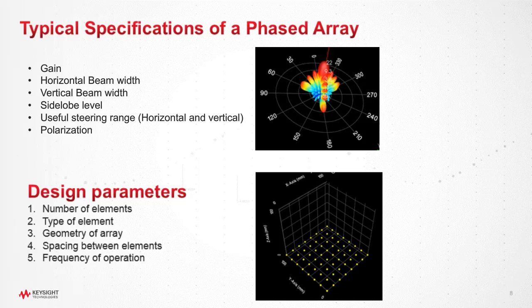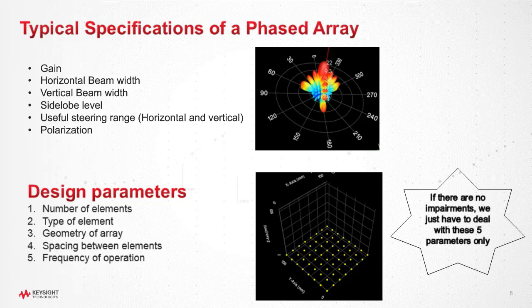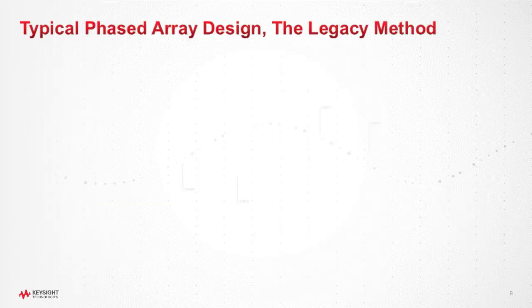If there are no impairments in the front-end electronics, all that we have to do is use these design parameters and then obtain a far field pattern very quickly. That is what usually is done in the legacy methods that have been followed till date.